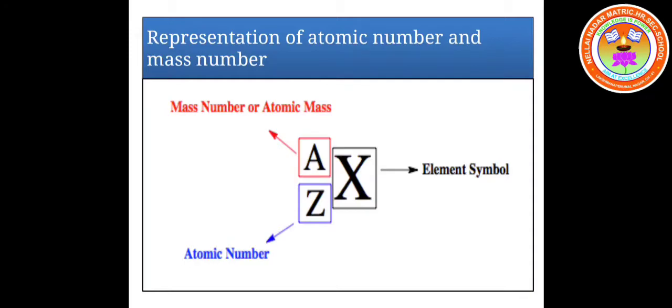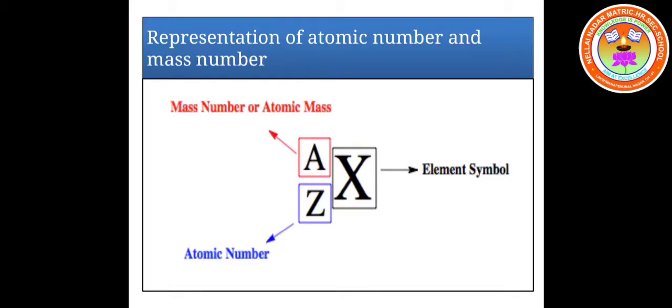Here is the representation of an element with atomic number and mass number. The symbol of the element is written at the center. The subscript of that element denotes the atomic number of that element, and the superscript A denotes the mass number or the atomic mass of that element. Okay children?